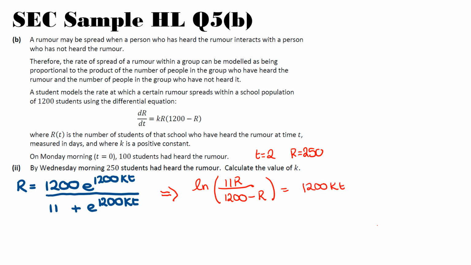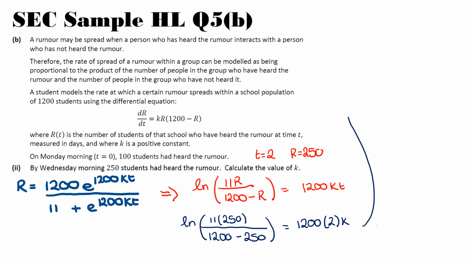And that's a much better line for me to work with because my substitution is going to be so much quicker. So when I plug this in, 1200 minus 250, and that equals 1200 times 2 times k.